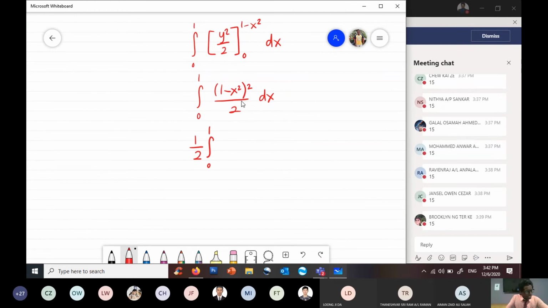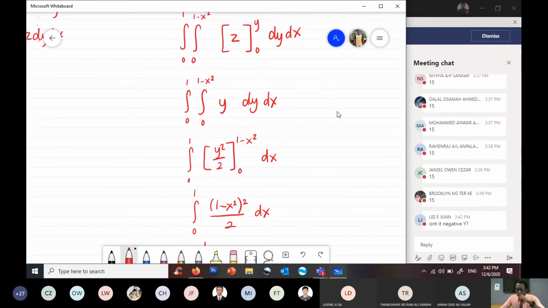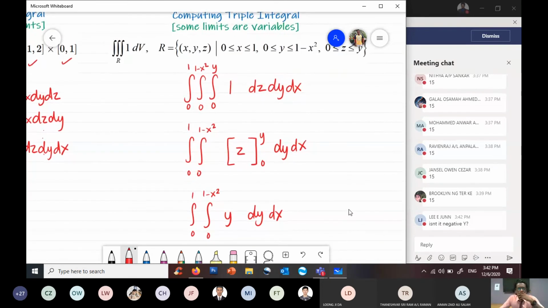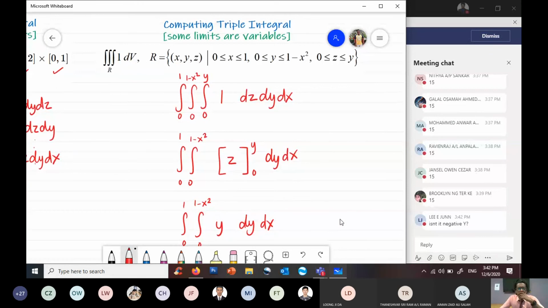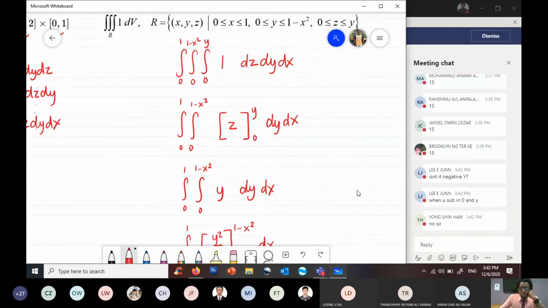Anyways, if I expand this, then it would become 1 minus 2x squared plus, isn't it negative y? Which part is it? Isn't it a negative y? Am I missing something here? Alright, if you guys sense that I'm doing something wrong here, oh, when you sub in 0 and y, I see.